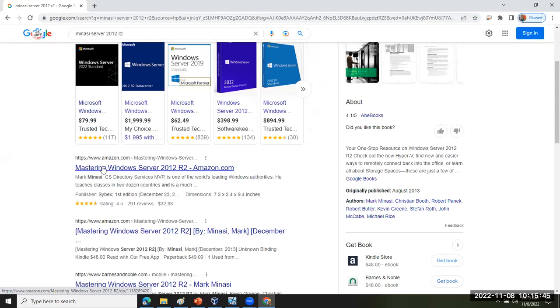Mark Minasi was commonly regarded as a Most Valuable Professional, an MVP, in Microsoft circles, very similar to Russinovich for Sysinternals.